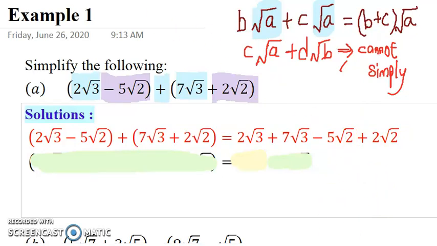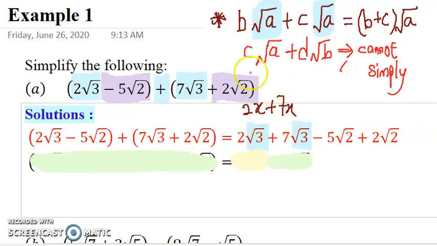For the common square root of 3, when I want to simplify, it's just like simple calculations in algebra, as if I have 2x plus 7x.